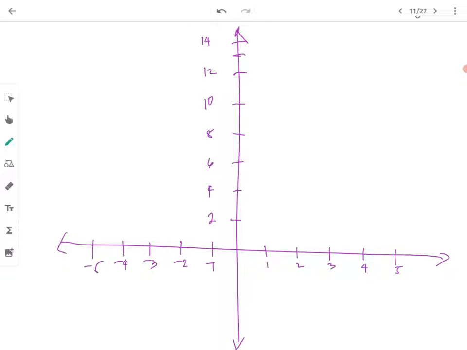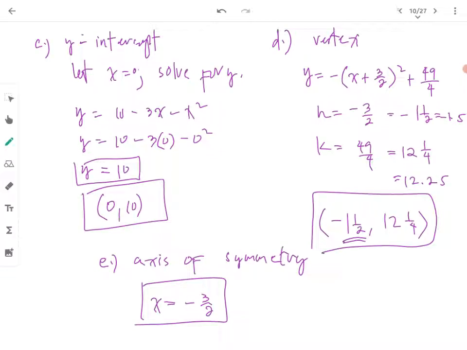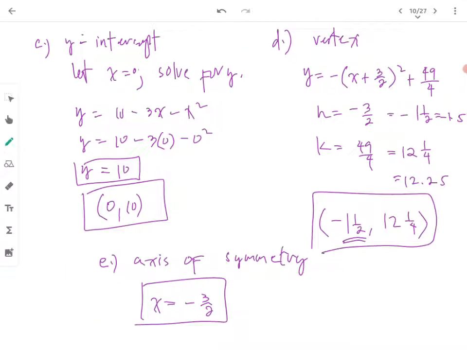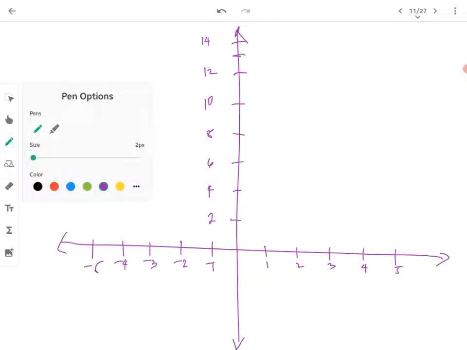Okay, so the first important part is that it goes down. Then it passed through negative 5, 0 and 2, 0. So if we're going to locate that one there, negative 5, 0 and 2, 0.